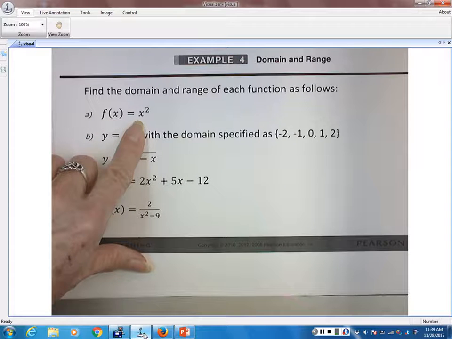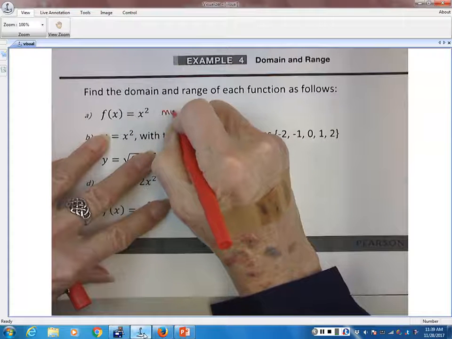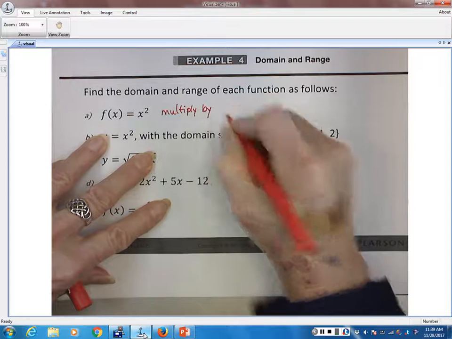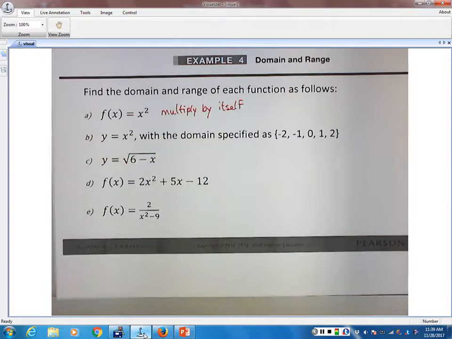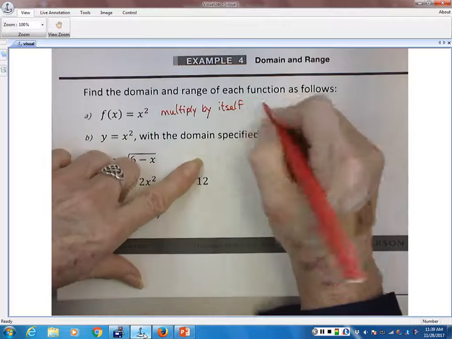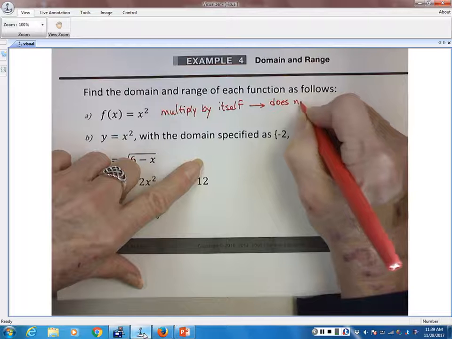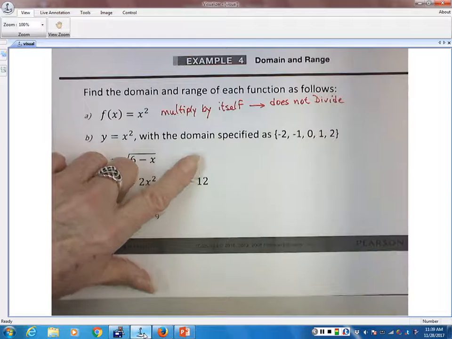No. F's only job is to take what you give it and multiply it by itself. It does not divide. So we don't have to worry about that.